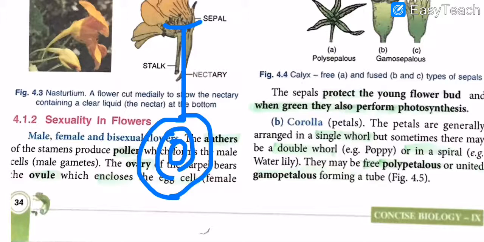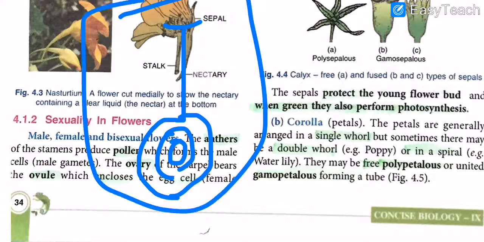Now the stamens and the carpels are the male and the female parts respectively of the flower. Whenever we come across the word carpel, it may seem like a new word, but it's nothing but just the structure over here. One carpel, that's called a carpel, basically, right? A flower which contains both stamens and carpels is called a bisexual or hermaphrodite flower.